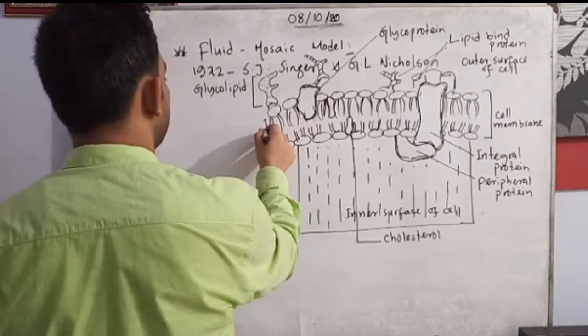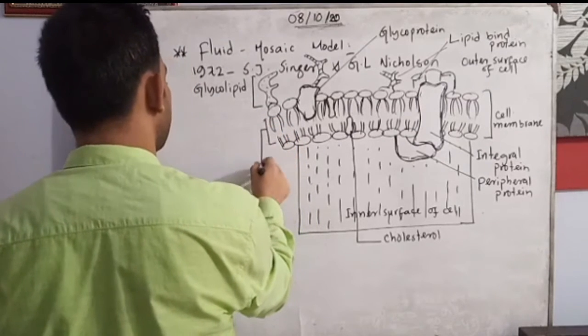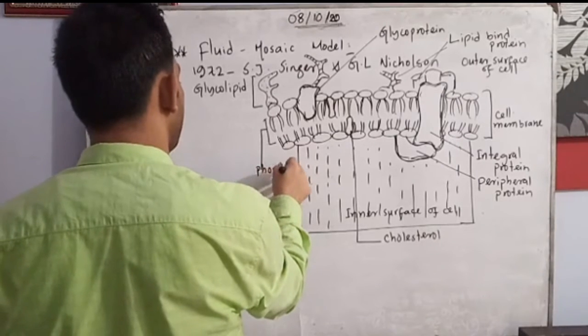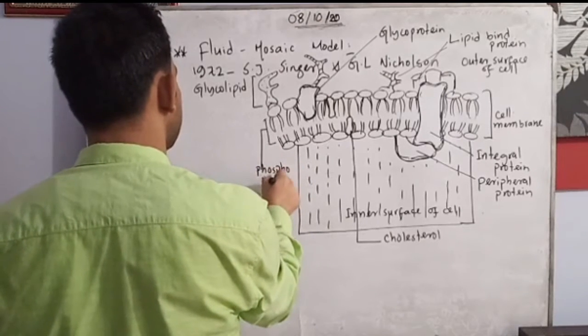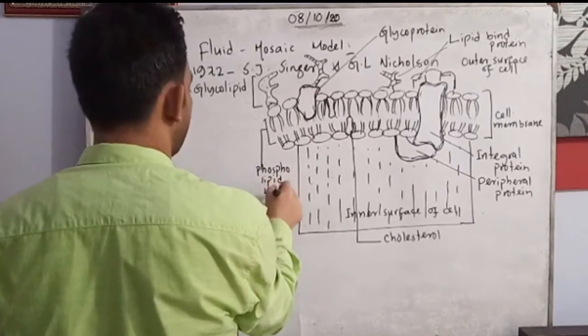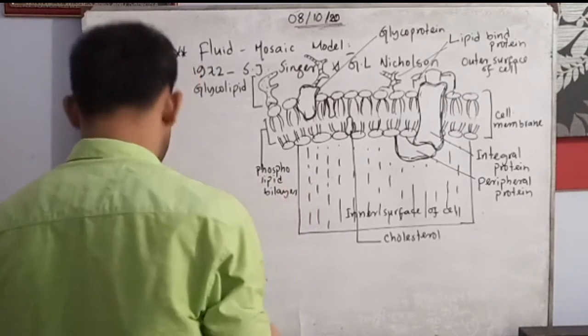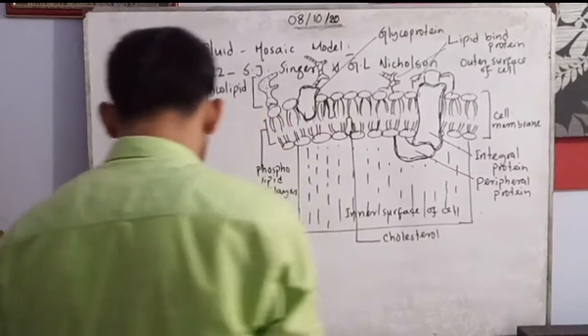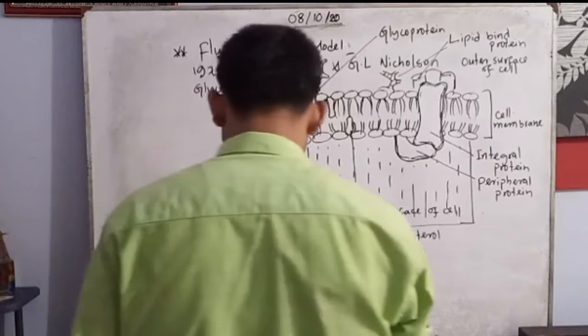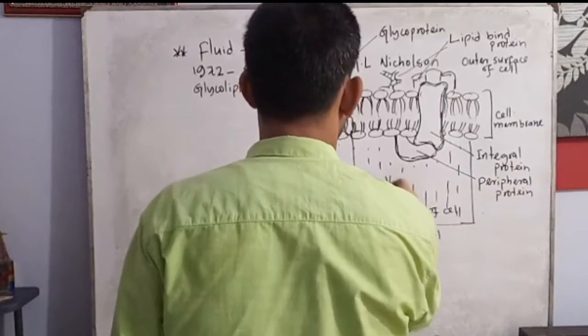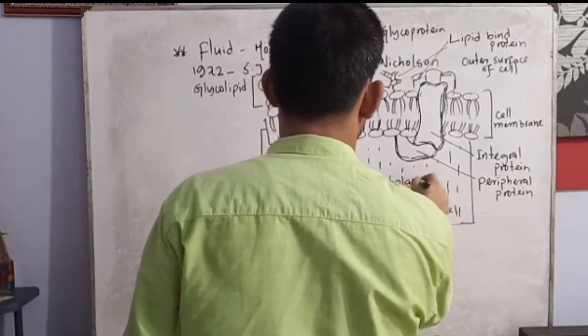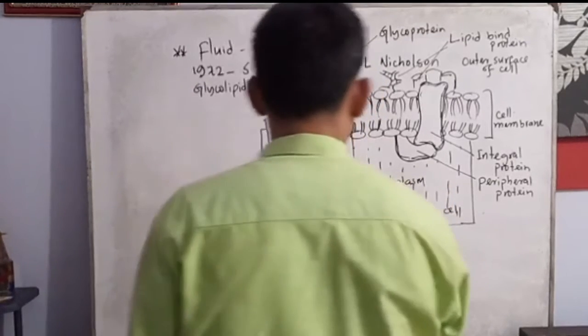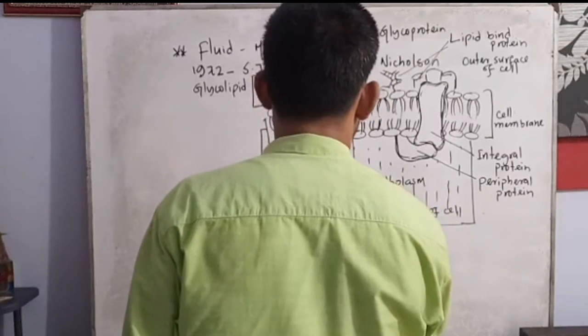Okay, this one is the phospholipid bilayer that we learned yesterday. About drawing this one, I hope you understood about marking those parts. And these are the cytoplasm we can write, and the figure title: fluid mosaic model.